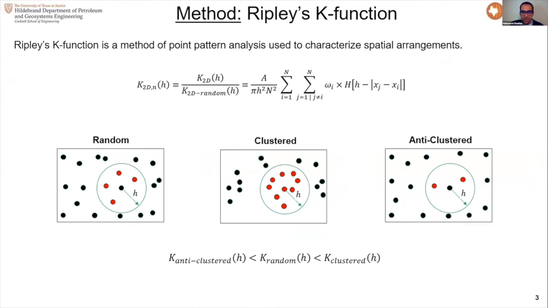Then we can perform the same spatial analysis on different classes to see if there is any attraction or repulsion, so to speak, between the fractures from different classes. So instead of giving us information about clustering and anti-clustering, we can see if there is any attraction or synchrony, or any repulsion or asynchrony, between the fractures from different classes or different sets.